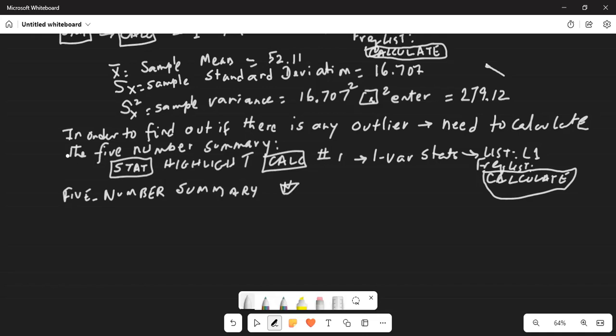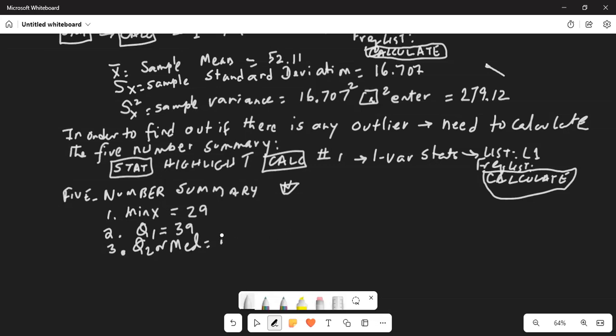So the first of the 5-number summary is minX, that is the minimum, which is 29. Next is the first quartile, Q1, 25% of the numbers are below 39. Next is Q2 or median, which is equal to 49.